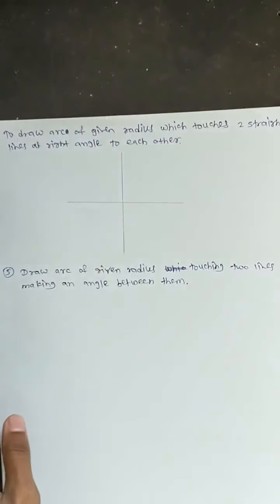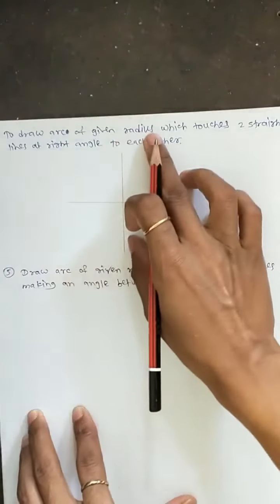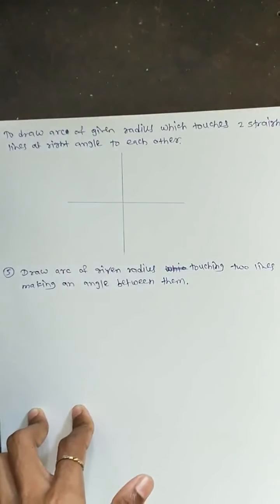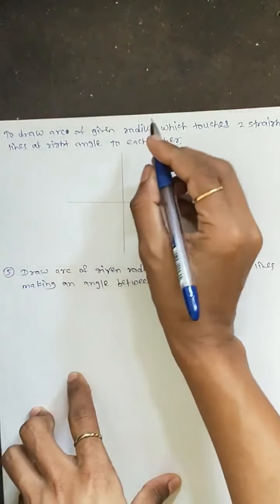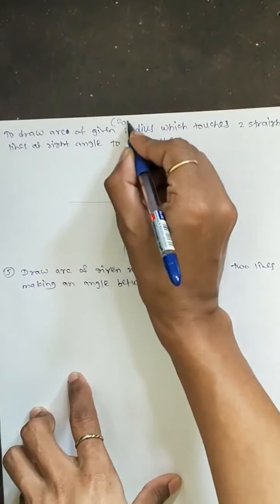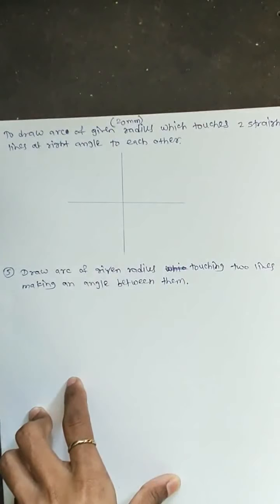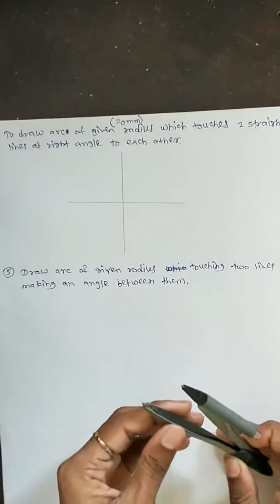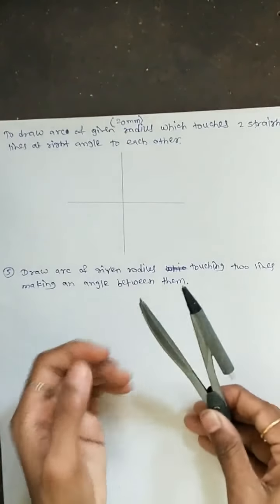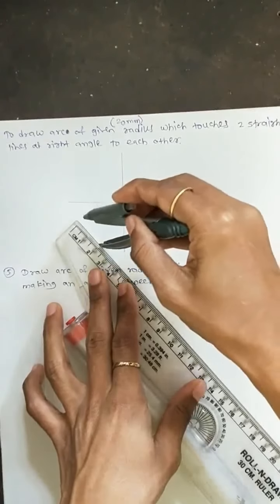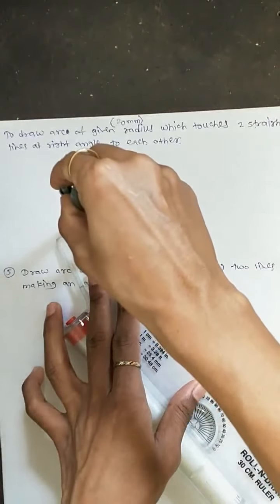Now to draw arc, radius is given. So take that given radius as 20 mm. Take 20 mm distance in your rounder.